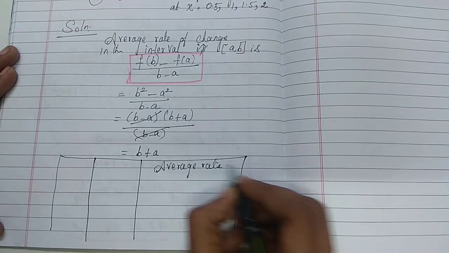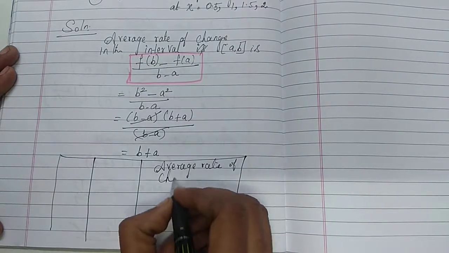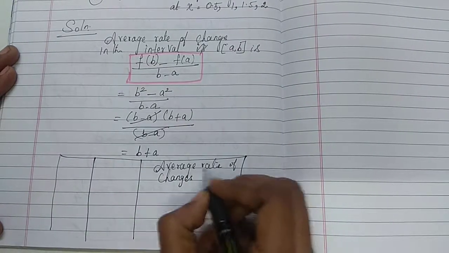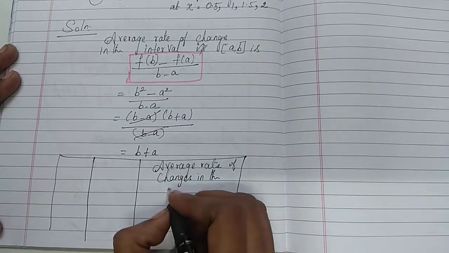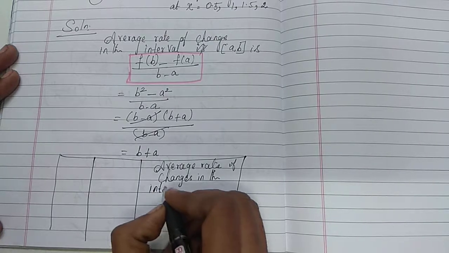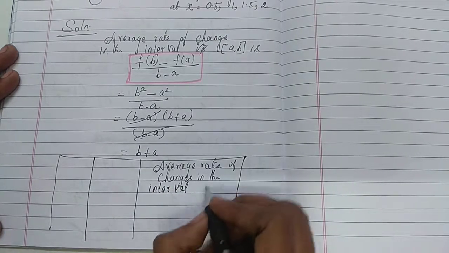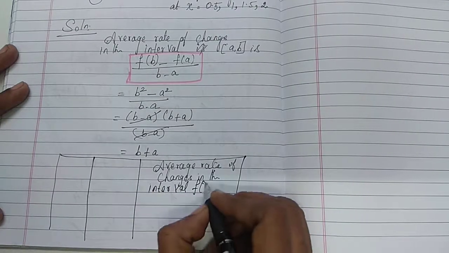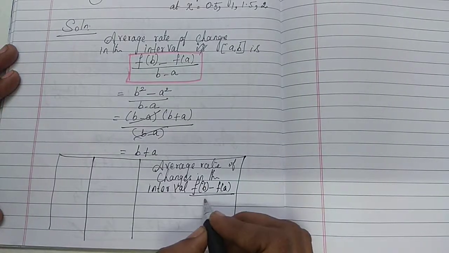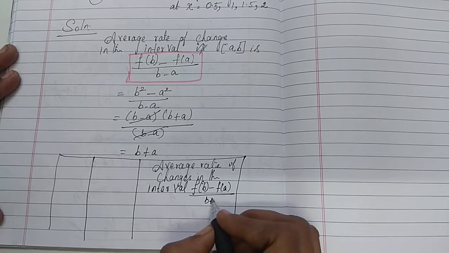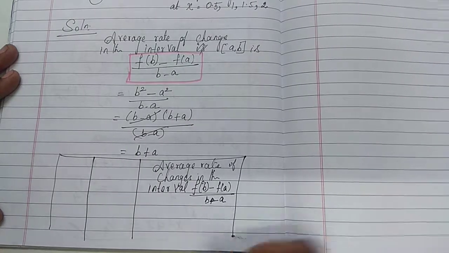Average rate of changes in the interval, that is f of b minus f of a by b minus a.